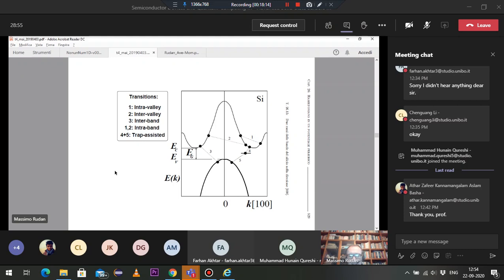The reason is easily understood. If you start from the equilibrium condition, the total energy of the crystal is finite. So it is impossible for the electrons to acquire an energy that is too high, because the total energy that can be possessed by each electron is finite, because the total energy of the crystal is finite, okay?